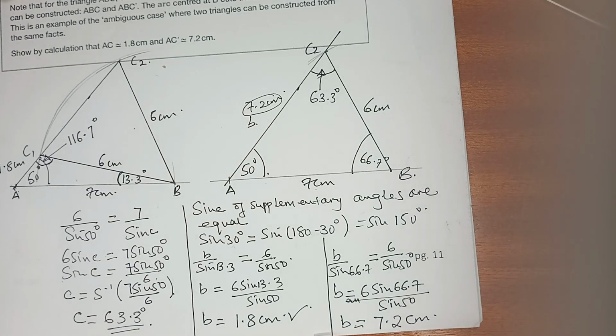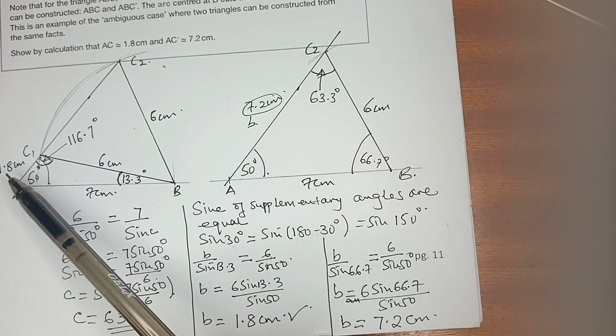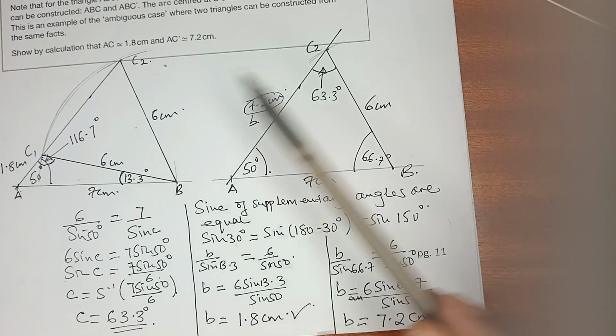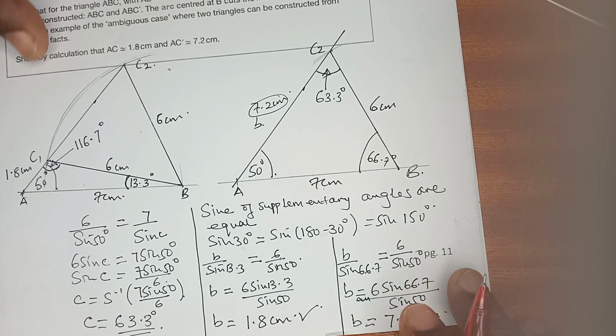And we have proven that from the two ambiguous cases, it is possible to have two different triangles with the same facts, but of course this length is 1.8 and this length is 7.2 because of the ambiguous case. It happens, but the most important thing to note is that the sine of supplementary angles are equal.